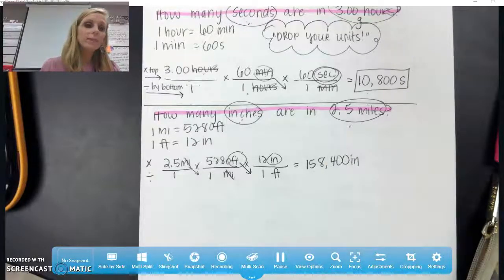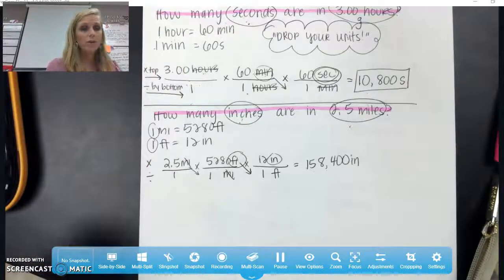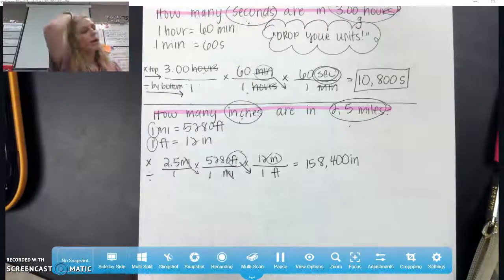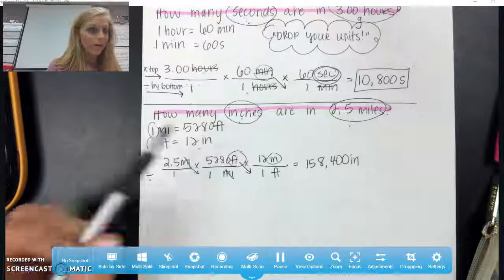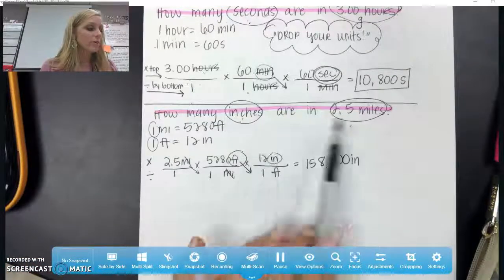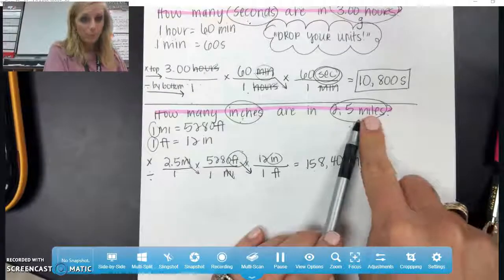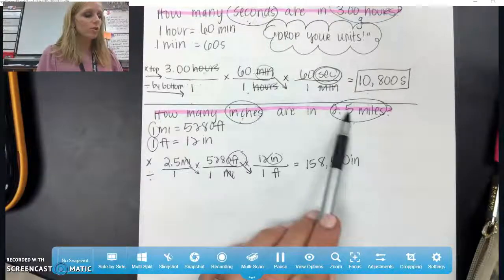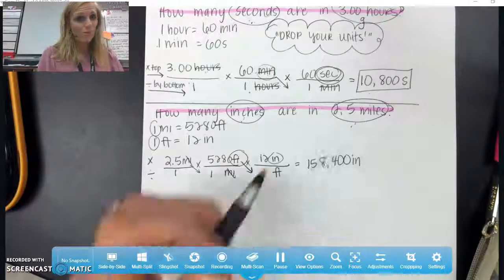One thing about sig figs, guys, yes, I know that you only have one sig fig in your conversions, but the only thing you care about for sig figs is the number in your actual problem. So ignore your conversion sig figs. 2.5 has 2 sig figs, so this answer can only have 2 sig figs.